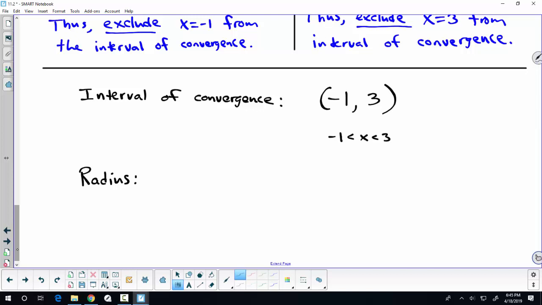No, because it's x minus 1. So it shifts it over to the right 1 unit. So if we would just say r is equal to 2. So we're looking at this interval, -1 to 3. And if we're 1 unit at the center, then over this many is 2, and over this many is 2.